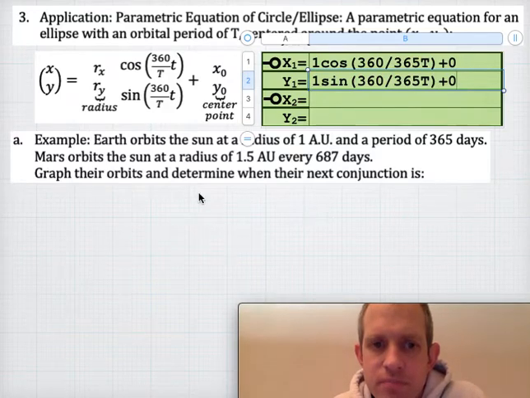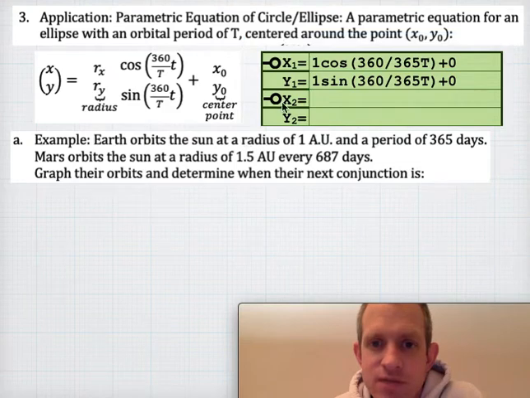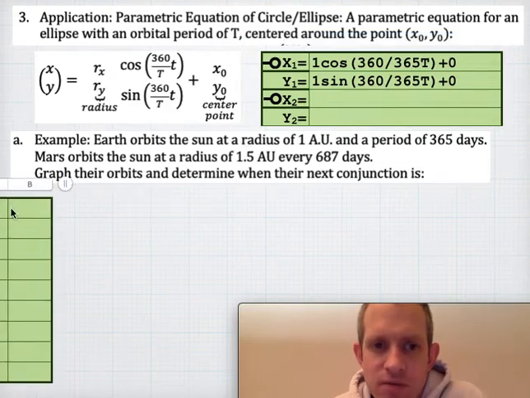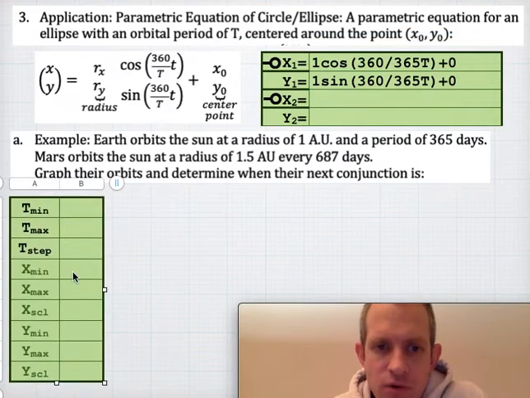And we could hit graph and see this, but there's definitely some window settings we need to fix. Why don't we think about that a little bit? For window settings, this is a really small scale. We're drawing things in terms of Earth radiuses. That's what an AU is.